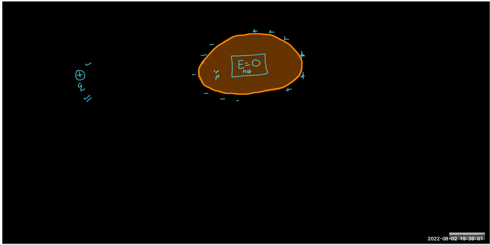At point P, the net field is zero. Can we say it is zero due to the individual charge? No. It is zero due to everyone together, the charge which you have brought and the charge which got induced over the surface, all together create zero field, not independently.